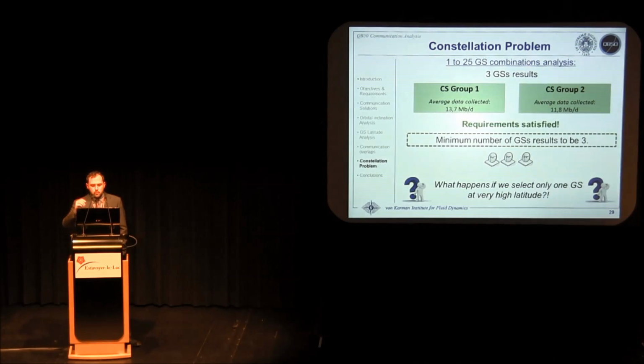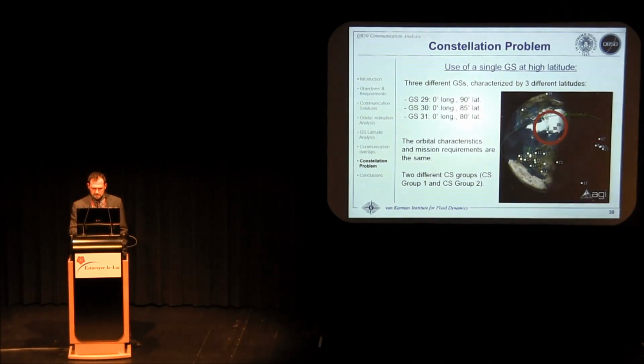Looking also at the good results for the high latitude ground station, it was interesting to also understand the communication behavior for only 1 ground station, but at very high latitudes.